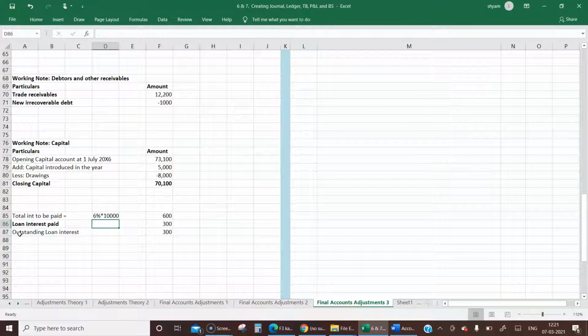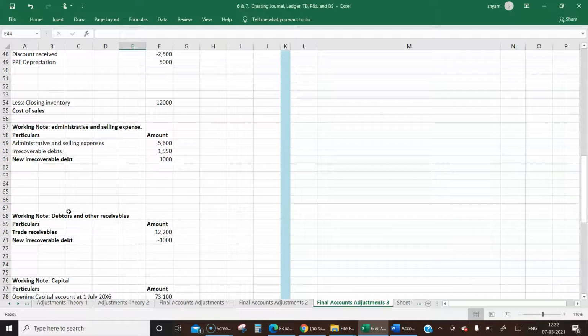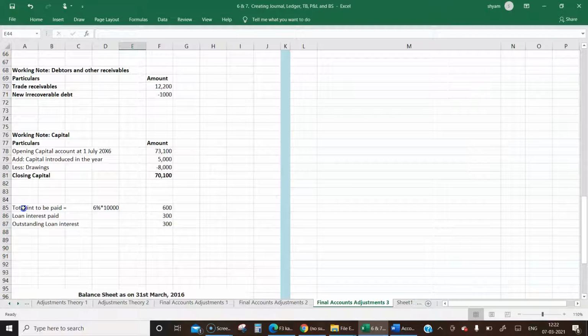If you look at this outstanding loan interest, the amount that has not been paid, this amount should go to the SOFP as an outstanding amount. Outstanding loan interest is 300. And the total interest to be paid in this year is 600.